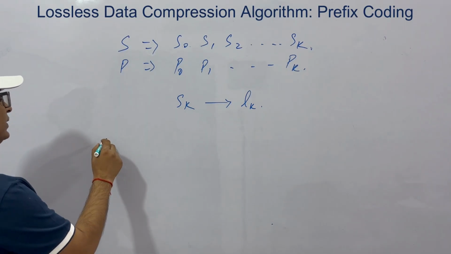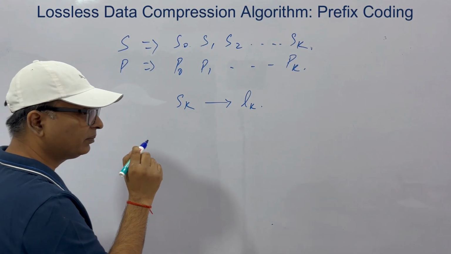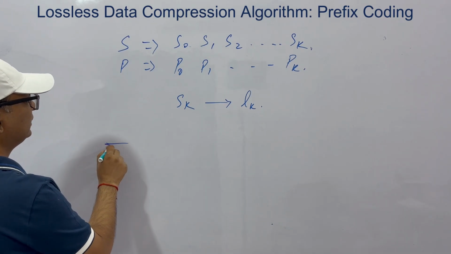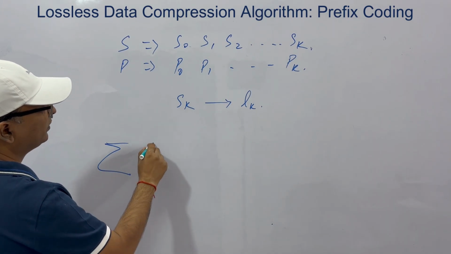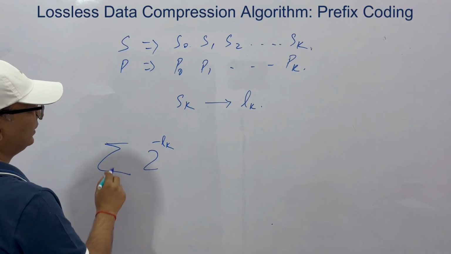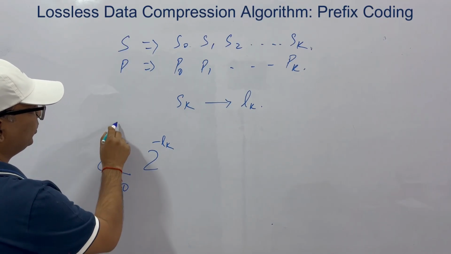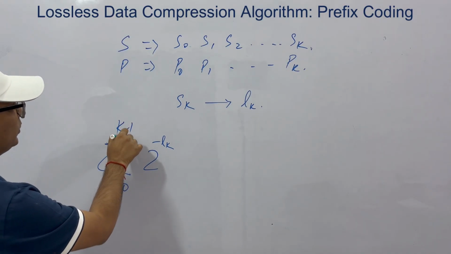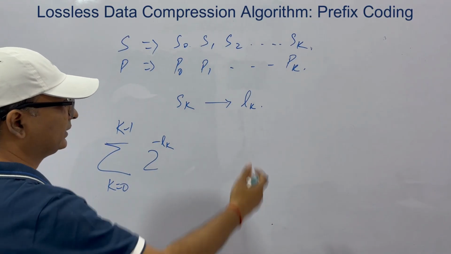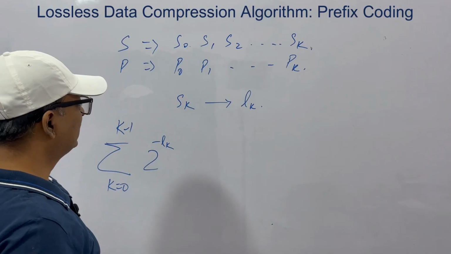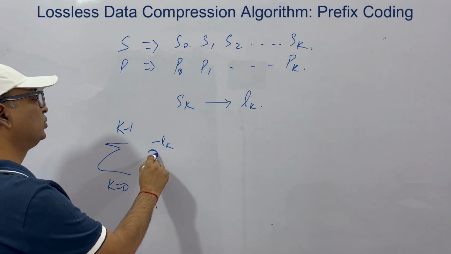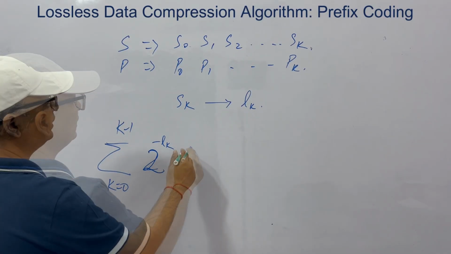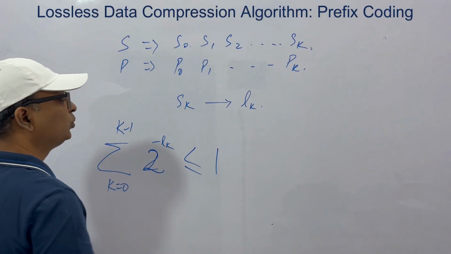Then according to Kraft inequality, which is a mathematical expression, if you take 2 to the power minus Lk and sum from k equal to 0 to k minus 1, adding them all, for example we had 4 values there, this value is less than or equal to 1.